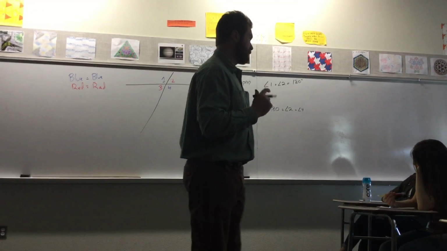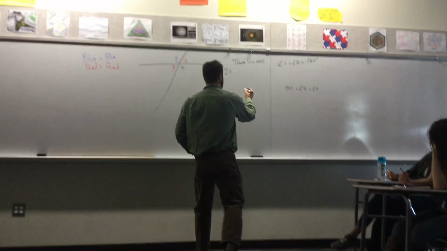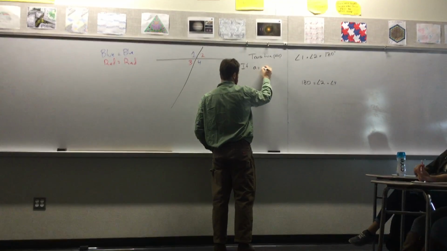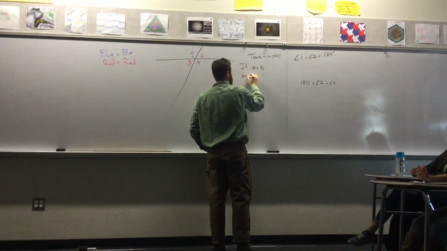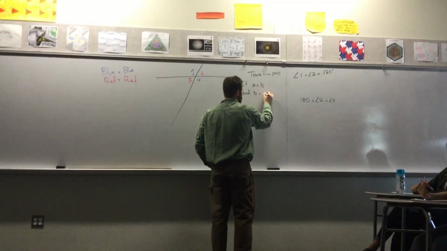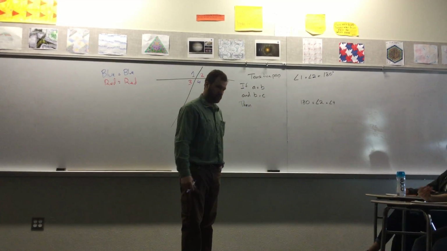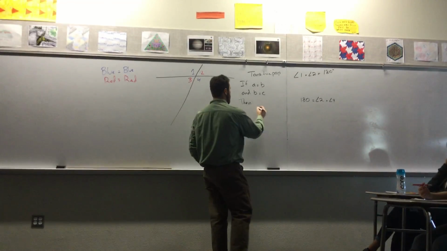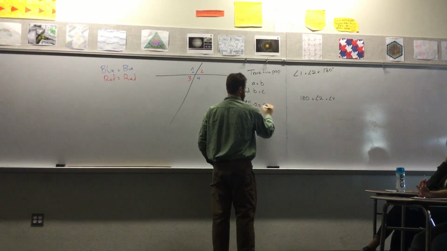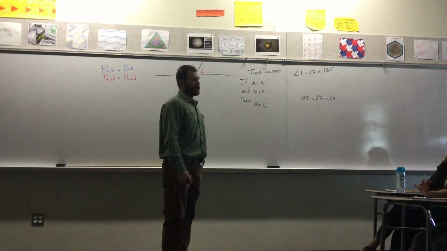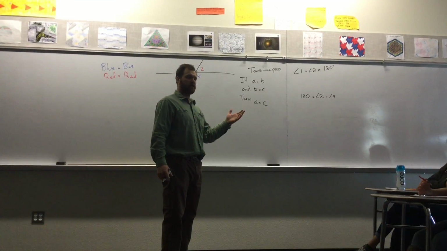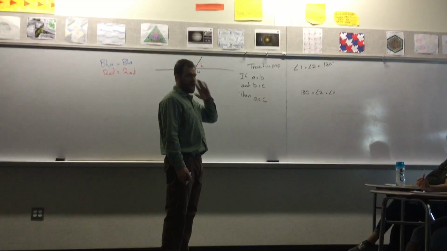All right. Transitive property said if A equals B and B equals C, then what? A equals C. Okay, so how can I apply that to the situation I have here?